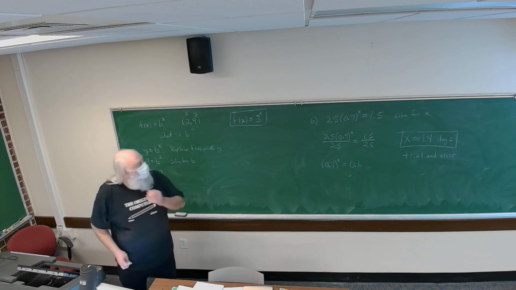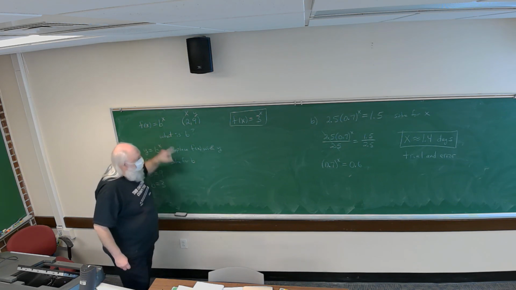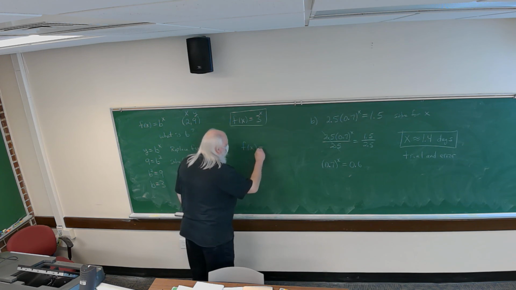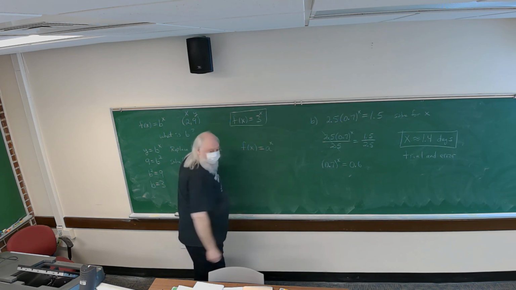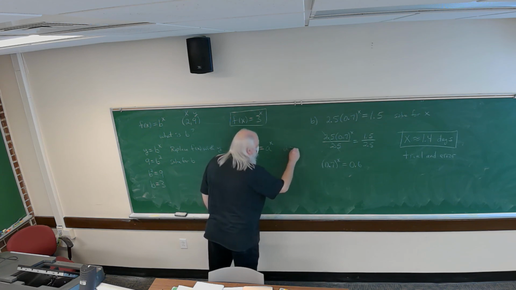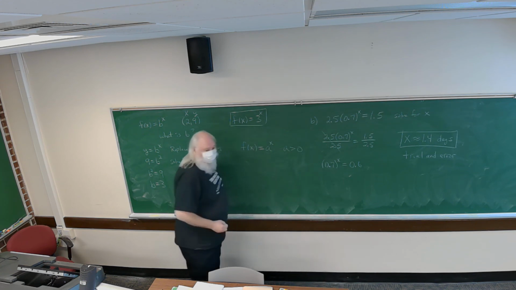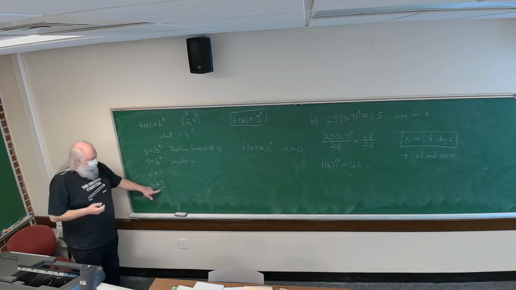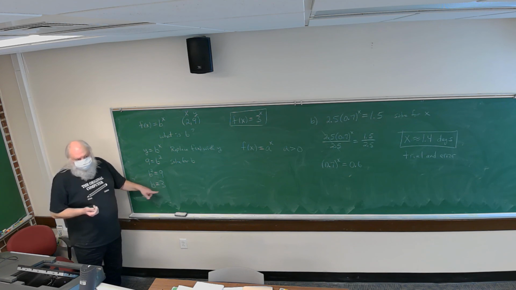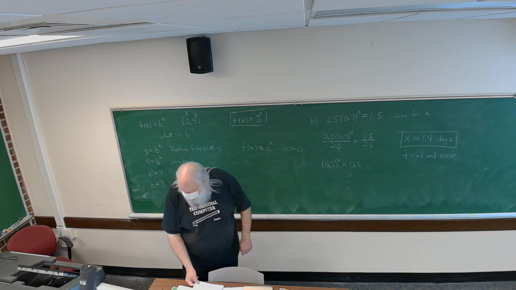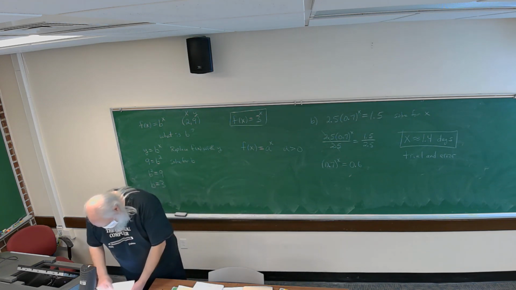Because of the definition of an exponential function, a to the x, a has to be greater than 0. Okay? That's why I said you can't take the negative square root. Okay? All right, any other questions?